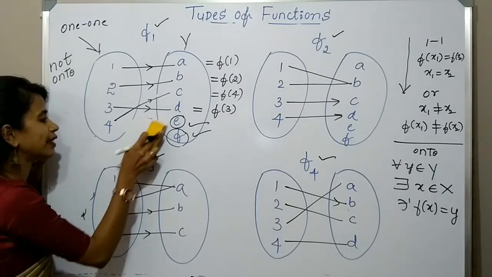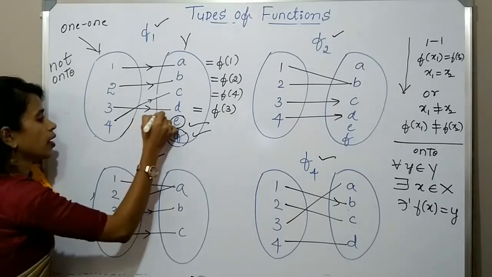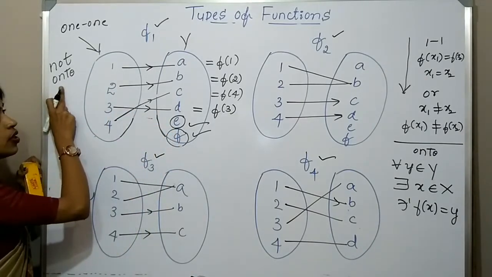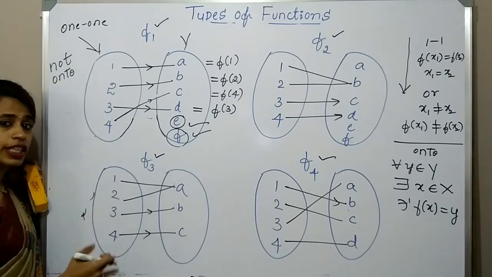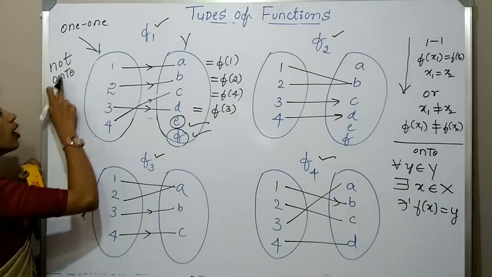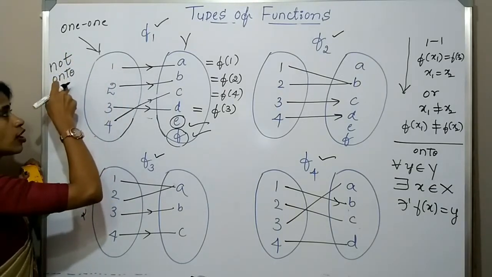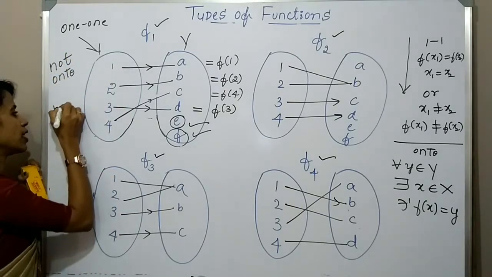So f1 is clearly one-one but not onto. So what about bijective? Here to be bijective, what is the definition? It is both one-one and onto. Here this function is one-one but not onto, therefore it is not bijective also.